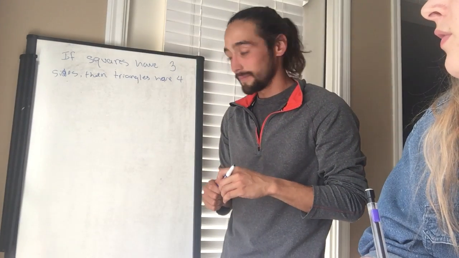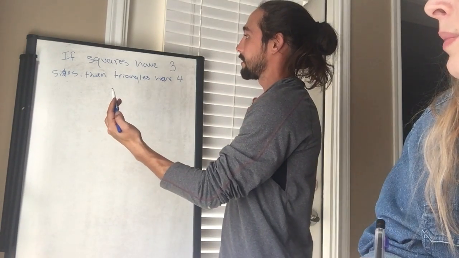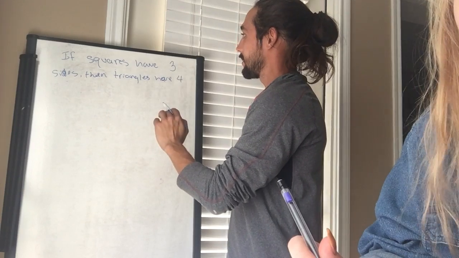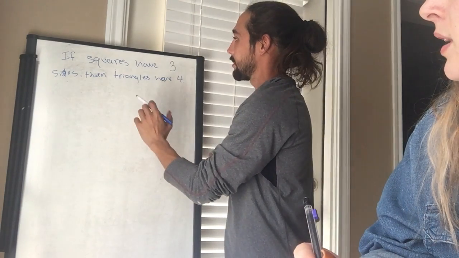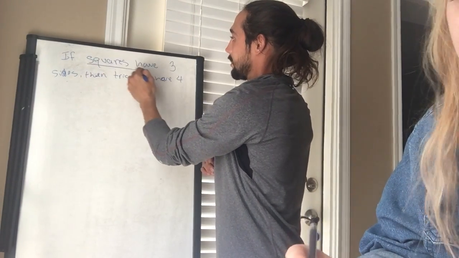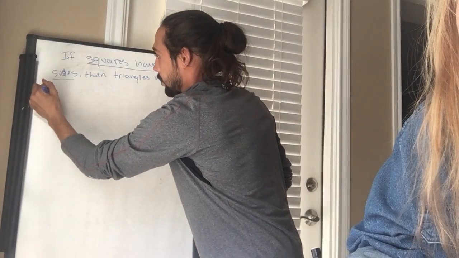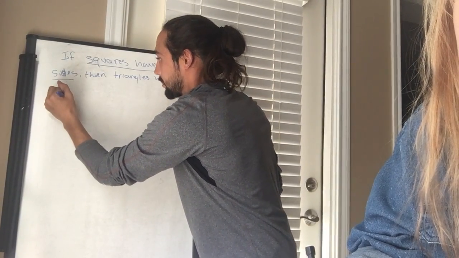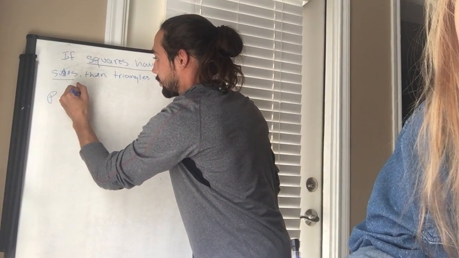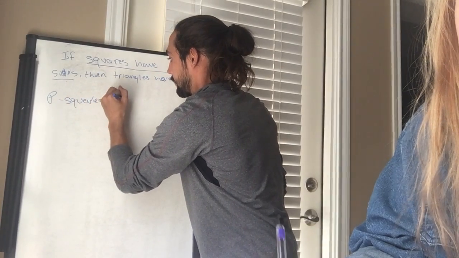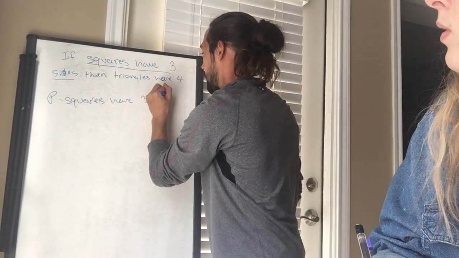So I noticed that this example is a lot like the example before. So it starts with if. So I know that everything coming after that if is going to be the hypothesis, which is going to be P. Squares have 3 sides. Perfect. So our P, or our hypothesis, is squares have 3 sides.